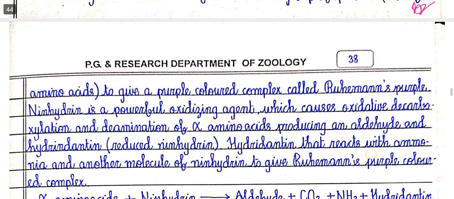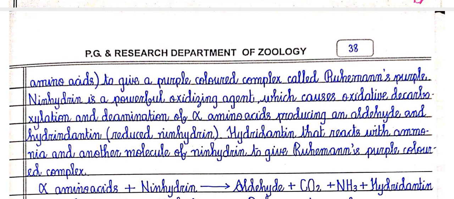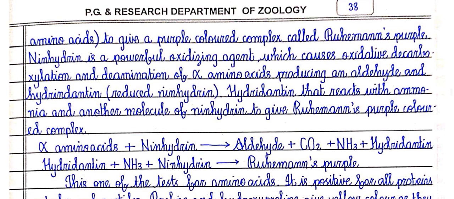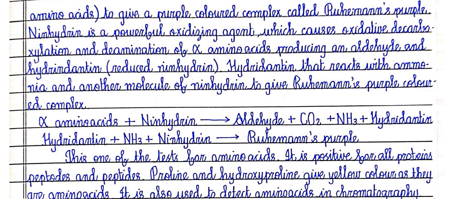Ninhydrin is a powerful oxidizing agent which causes oxidative decarboxylation and deamination of alpha amino acids, producing an aldehyde, and ninhydrin is reduced to hydrindantin. Hydrindantin reacts with ammonia and another molecule of ninhydrin to give Ruhemann's purple colored complex.